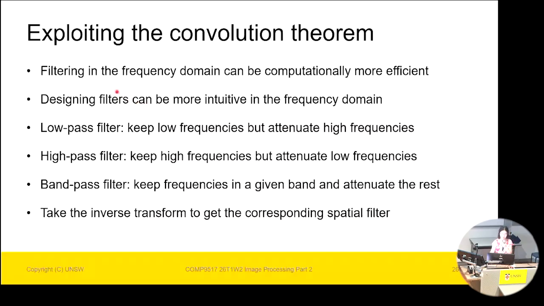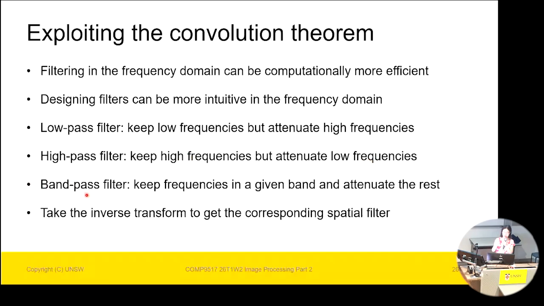The most important information is really in these 3 lines. A low-pass filter is to keep low frequencies but attenuate or remove high frequencies. A high-pass filter is the reverse. We want to keep high frequencies but attenuate low frequencies. And a band-pass filter is in the middle.